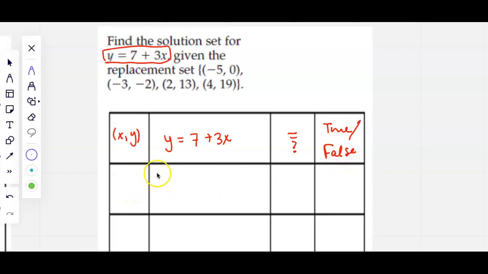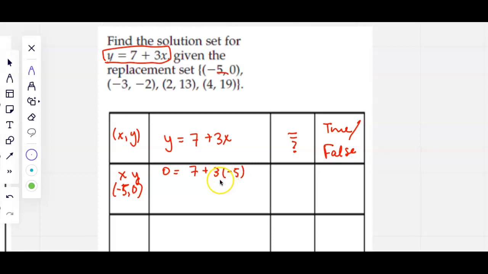There we go. All right, so your first ordered pair here is negative 5, 0. And once again, negative 5 comes first, so that's your x. 0 comes second, so that's your y. And this time, rather than rewriting the equation each time, we're just going to go ahead and look up here. So we said y, 0 equals 7 plus 3 times x, and x is negative 5.